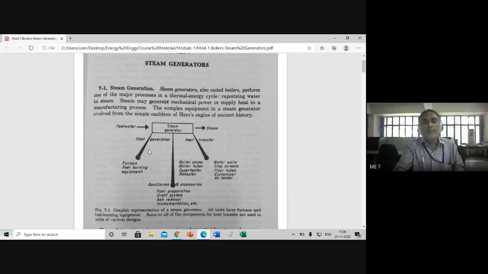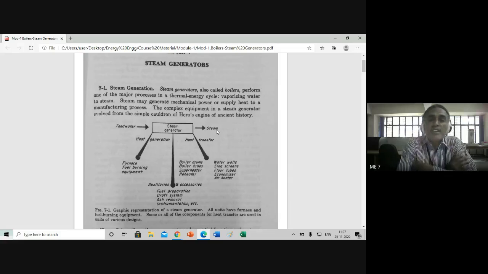Here there is a heat supply, with water walls, slag screens, floor tubes, economizer and air heater present. Heat will be transferred and the steam will be sent. All units have a furnace and fuel burning equipment. Some or all of the components of heat transfer are used in units of various design. This is the general block diagram of the steam generator.